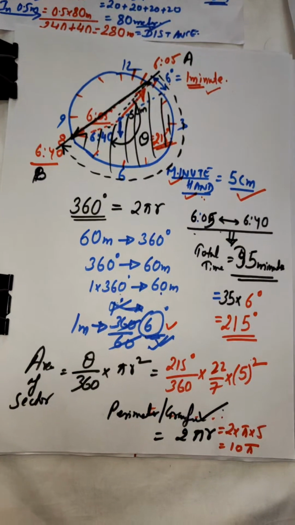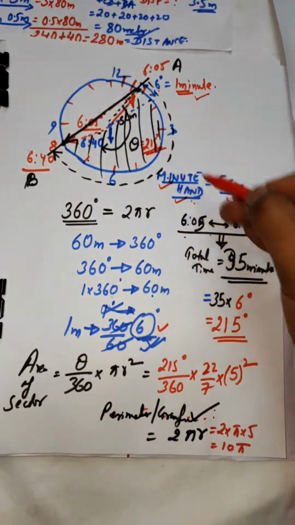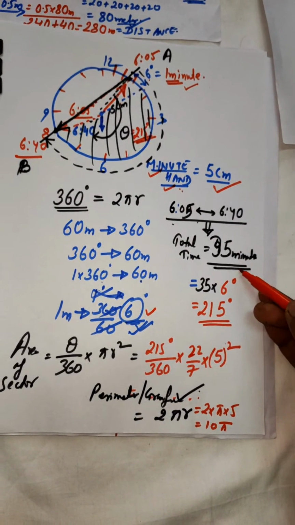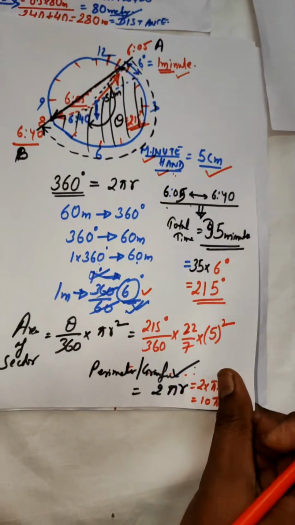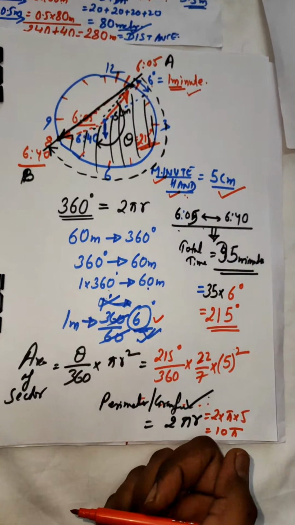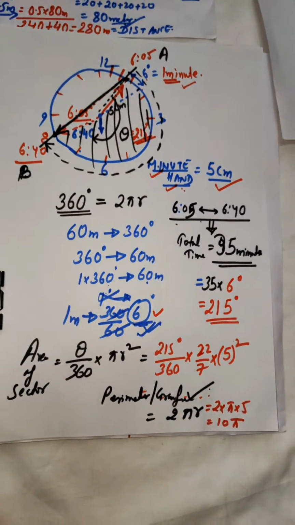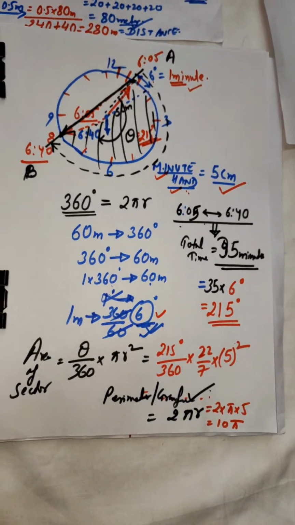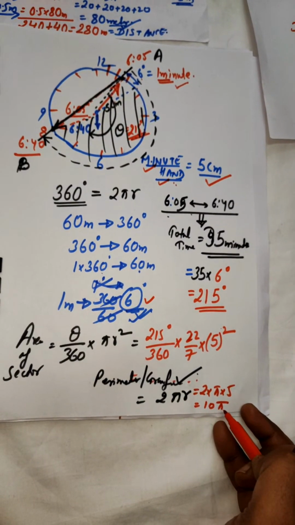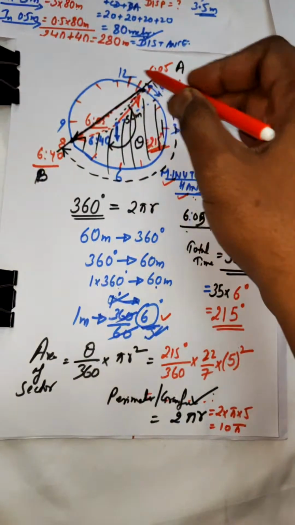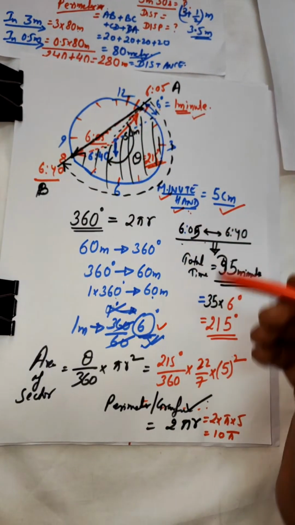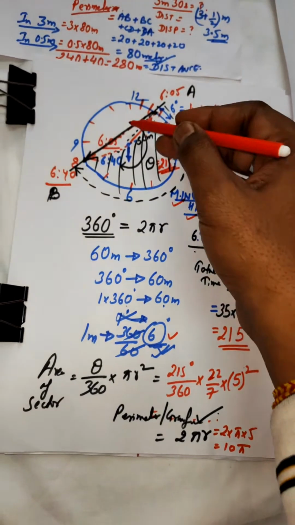Here you can see it covers 35 minutes, right? Let me explain it over here, otherwise it will be more complex to understand on different papers. So 2 pi r, 10 pi, is the perimeter or circumference of the watch when the minute hand completes one complete round.